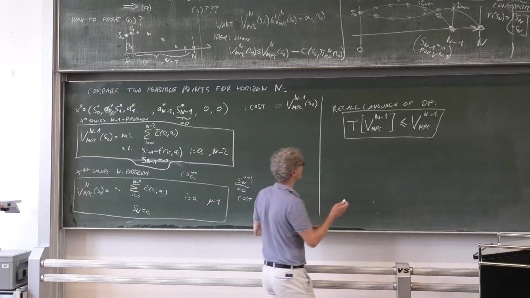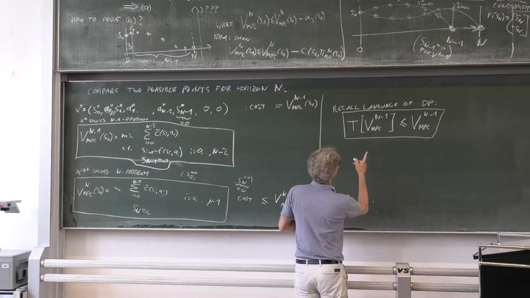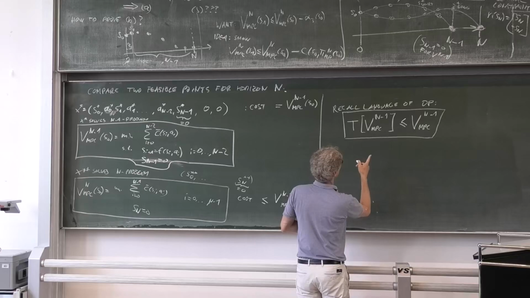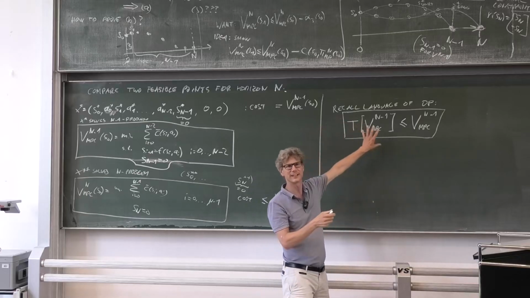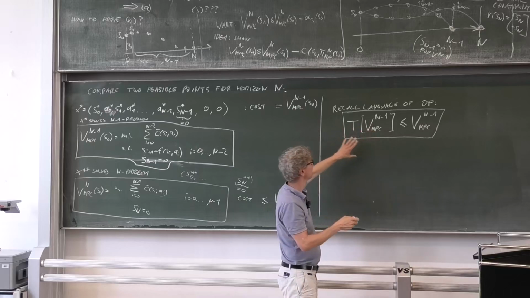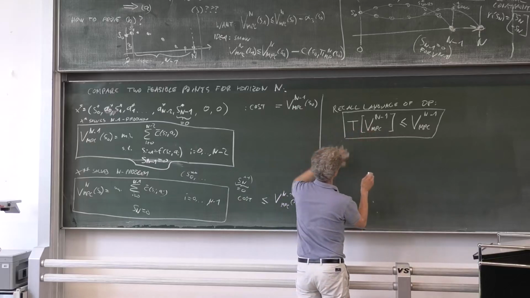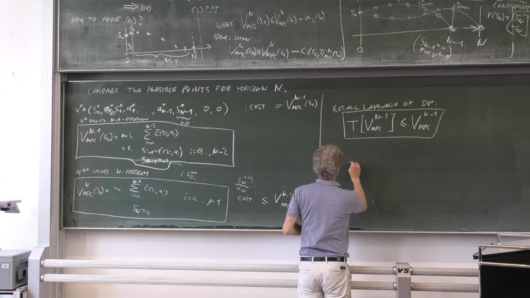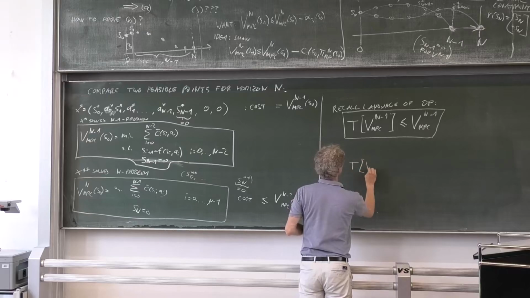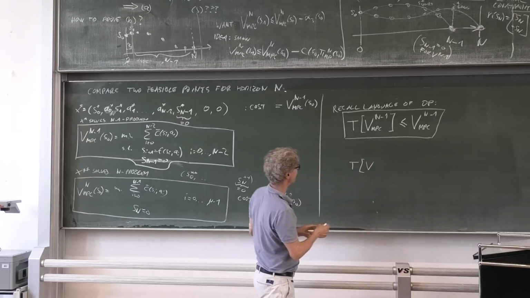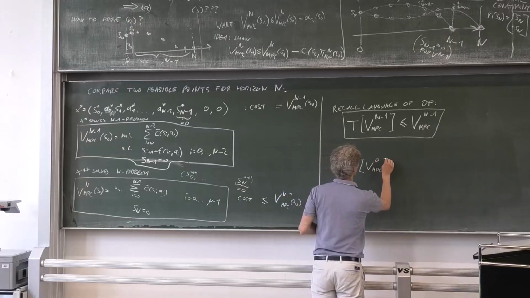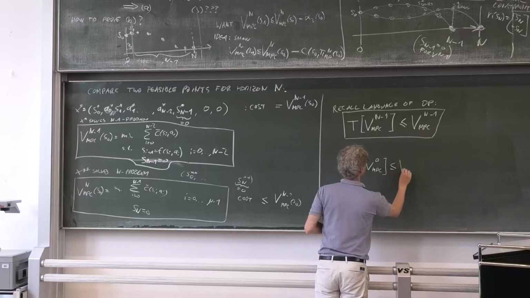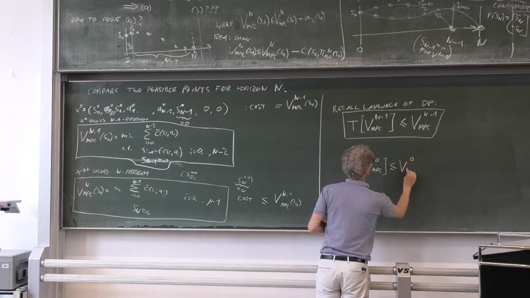So what you can show, by the way, is that I can apply T now on both sides, right? It wouldn't change the picture. So what would happen if I just say T of V0 MPC?